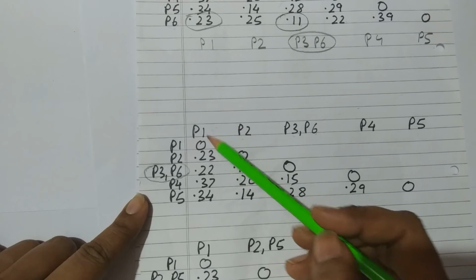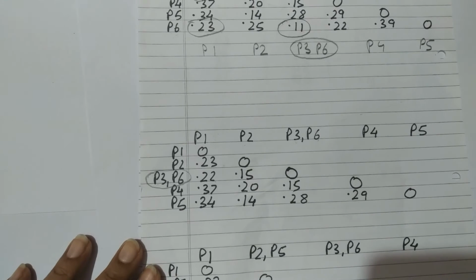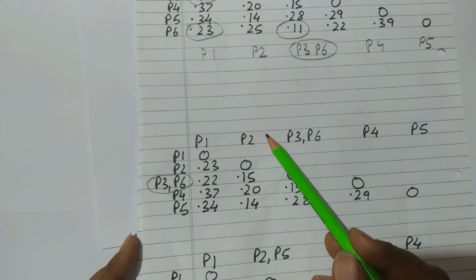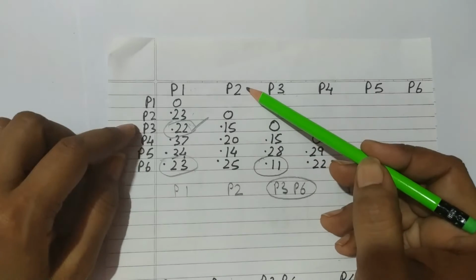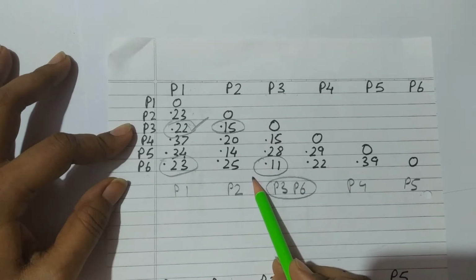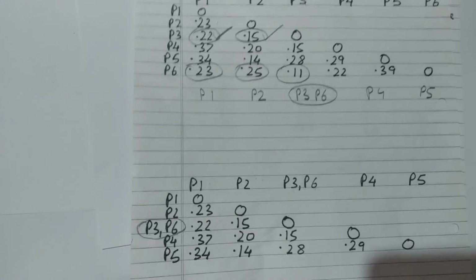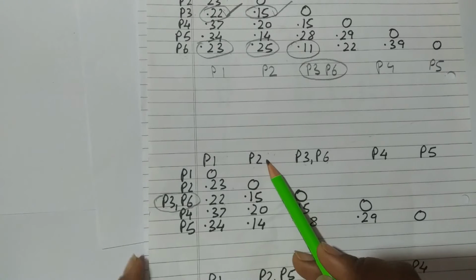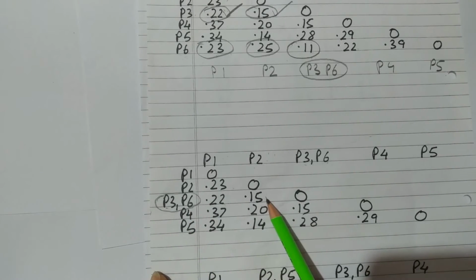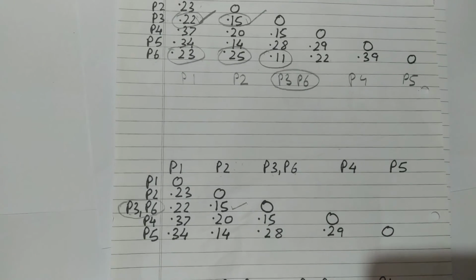Because this is the smallest distance between P1 and this cluster. Now based on this, we will find the distance between P2 and this cluster. So let's again do it. The distance between P2 and P3 is 0.5. The distance between P2 and P6 is 0.15, which is smaller. So the distance between P2 and P3, P6 is 0.15. Right? Similarly, we do this with all the other points.